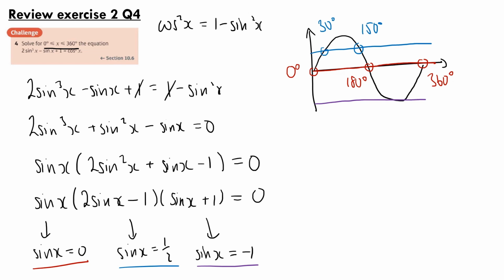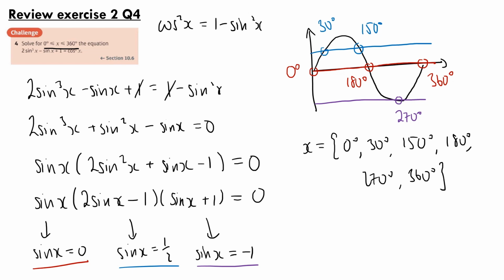And finally, where sine of x is equal to minus 1, we have 1 solution, and this will be at 270 degrees. And so our solutions are x equals 0 degrees, 30 degrees, 150 degrees, 180 degrees, 270 degrees, or 360 degrees. And those are our solutions.